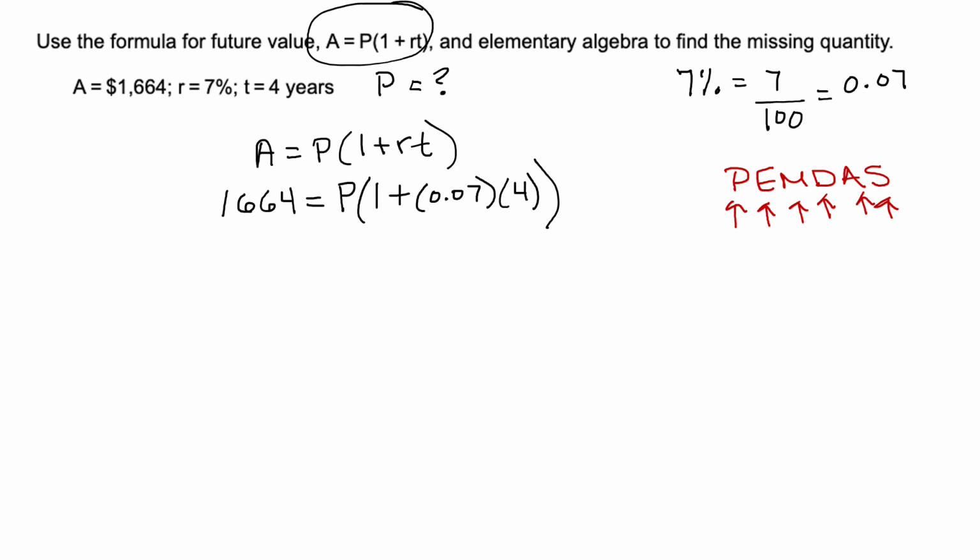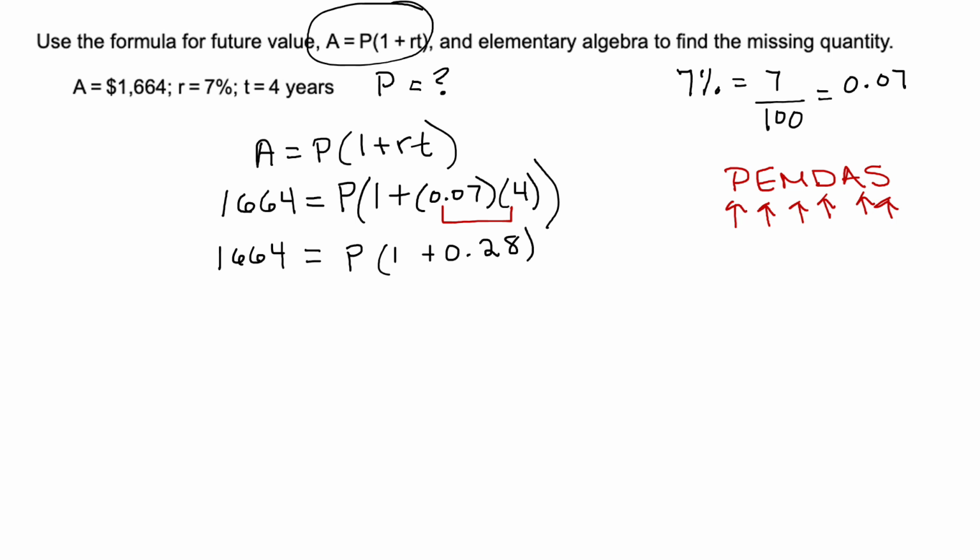So I locate the parentheses first, and then I do the order of operations within the parentheses, and multiplication is the first operation. 0.07 times 4 gives me a value of 0.28. So I'm going to work this out step by step. It's important to write each step out line by line so all of your work stays organized.